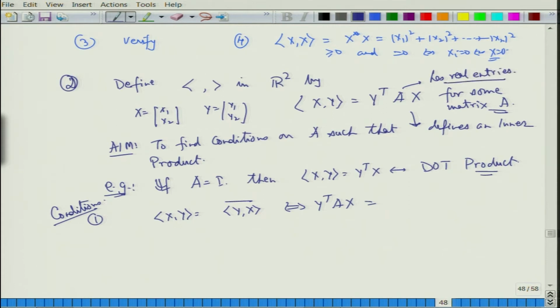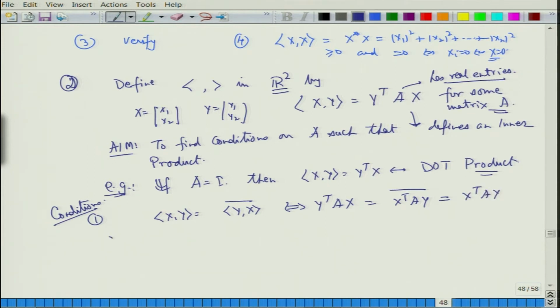I can take them as complex entries, but since I am looking at R2, I am looking at real entries only. All right. So <y, x> is x transpose A y, bar of this. Everything is real, so there is no complex conjugate, which is the same as x transpose A y.